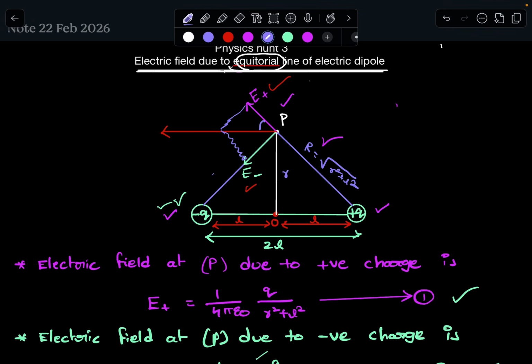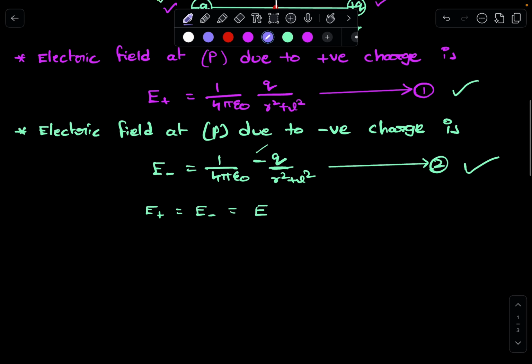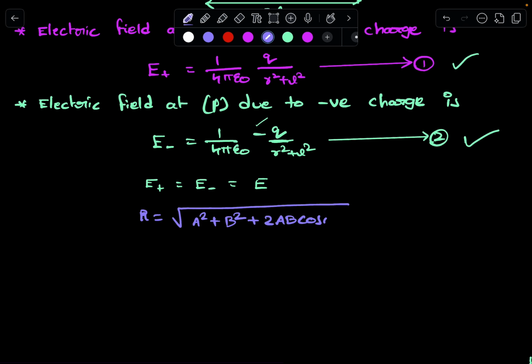E plus makes an angle theta with respect to the resultant. E minus also makes an angle theta with respect to the resultant electric field. Correct or not? As we know, according to the parallelogram law of vector addition, the resultant formula is what? Under root a square plus b square plus 2ab cos theta.